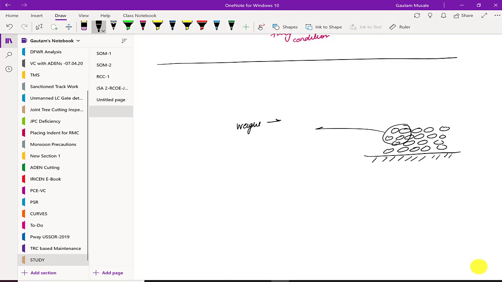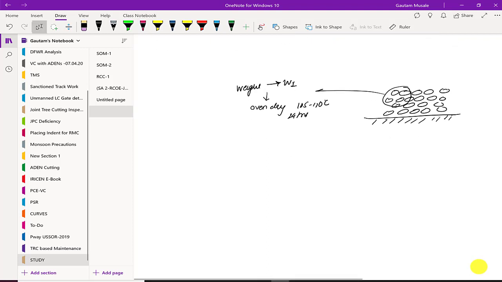Let us say that weight is W1. Now the same aggregates which you have weighed as W1, you will oven dry at a temperature of 105 to 110 degrees centigrade for around 24 hours. After oven drying them, you will weigh them again, and let us say you have that weight as W2.